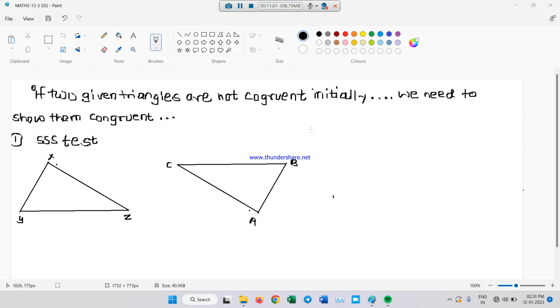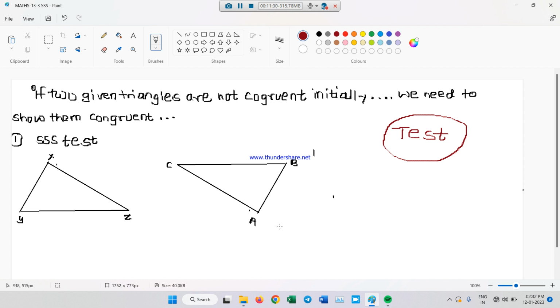Like if two given triangles are not congruent initially, these are looking like congruent but they are not congruent initially, so what we will do? So we will use test. We will use different types of test. Okay, so when two triangles are not congruent initially, we are going to use different types of test, out of which the first test we are discussing over here.